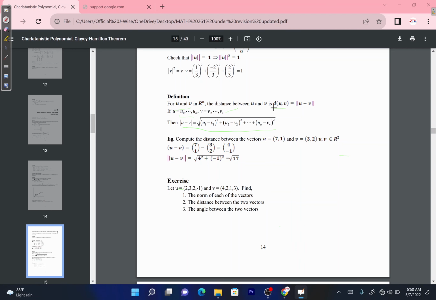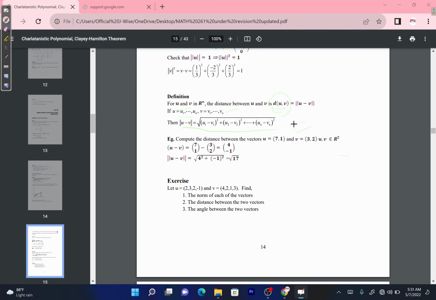So now we have two vectors, and you can find the distance between these two vectors, which you can also call a metric, written as d of u, v. It's given by this formula.